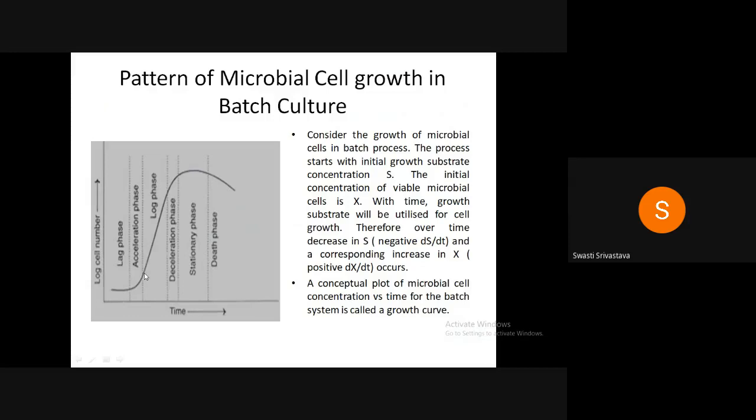Then the log phase, or the exponential phase, is the phase of rapid increase of the population. When the maximum substrate is consumed, the population numbers will be maximum. Both parameters go in inverse relation with respect to time.